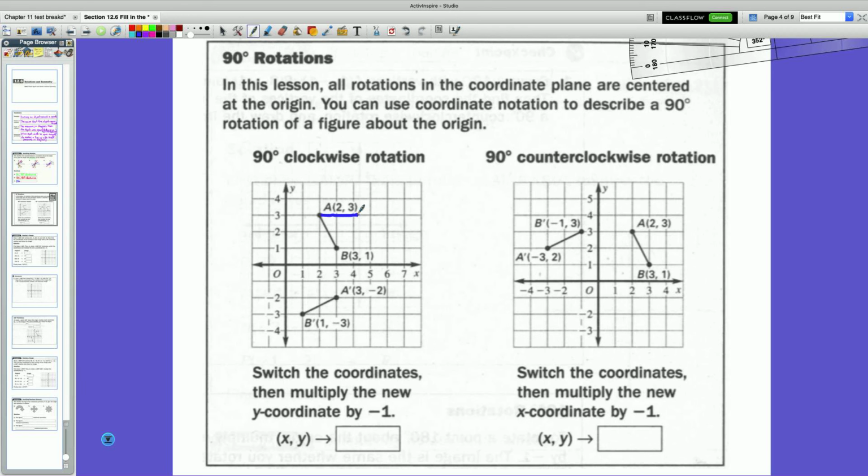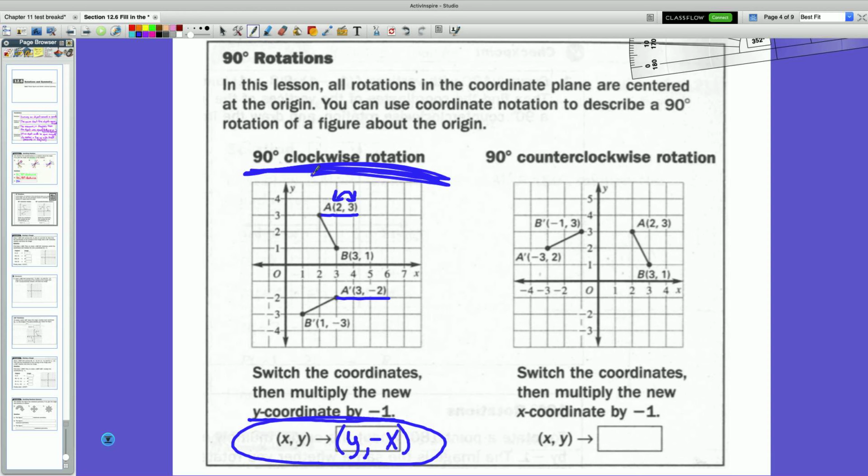Do you see here how A is 2, 3, and A prime is 3, negative 2? So we literally flip-flop the x and the y, and then you multiply the y coordinate by negative 1. So (x, y) goes to (y, negative x). That's really important. This is a 90-degree clockwise rotation, so make sure you know that.